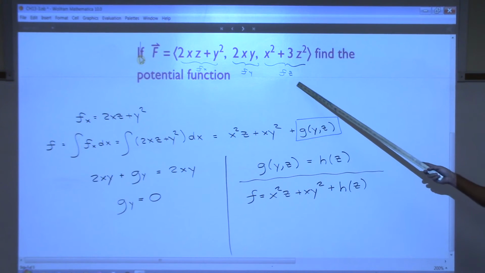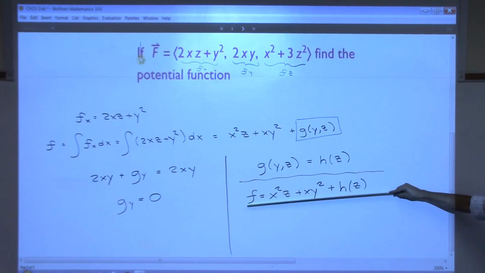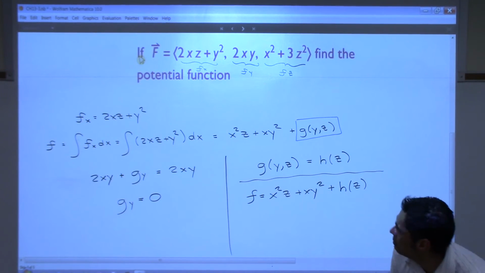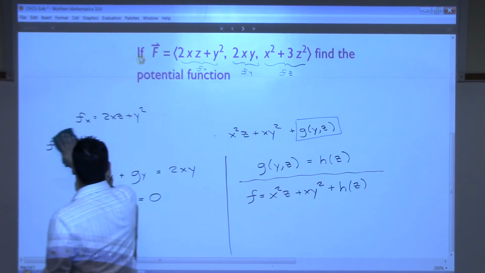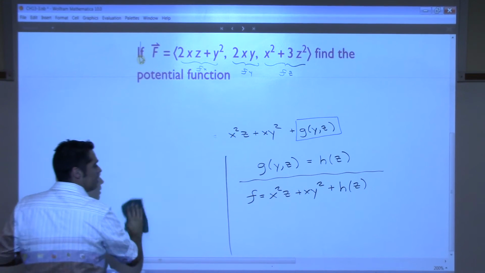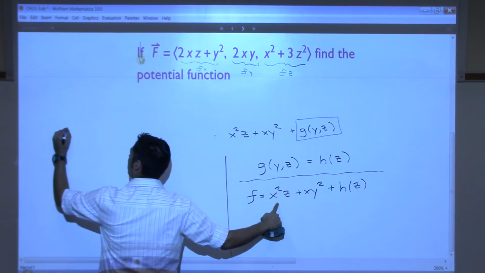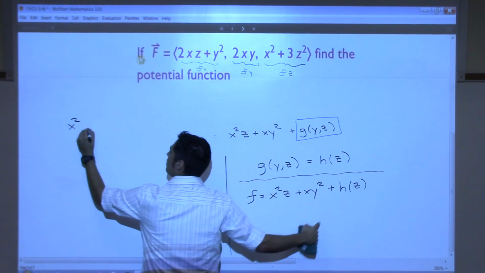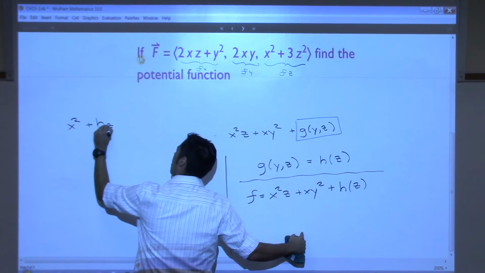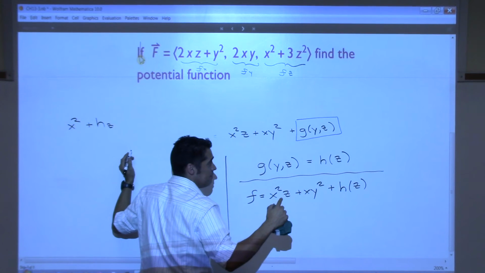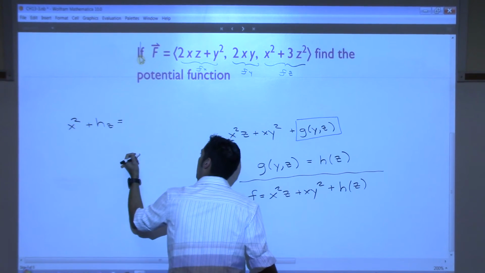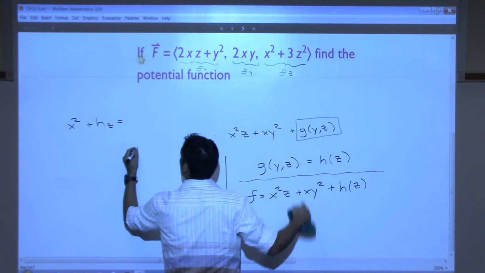Use the last thing you know, right? This is the last thing you know. If I take the derivative of this with respect to z, I should get this. Do that over here. What is the derivative of the one that we're working on with respect to z? X squared plus h sub z, even though I could say h prime, because I know it's only one variable, but I'll do that, equals, what does it have to equal?